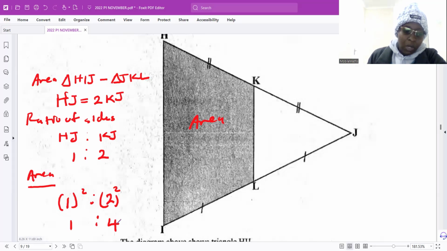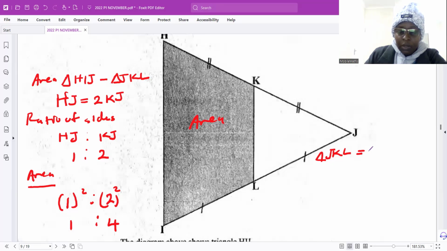Now let's take this into account and find what is the area of triangle JKL.